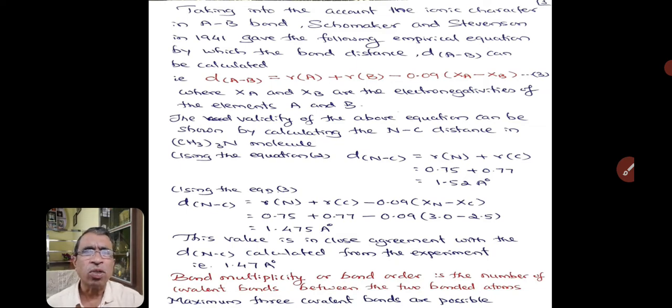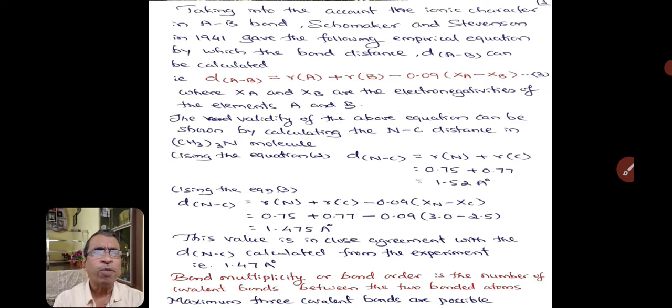According to them, the bond distance between A and B is given as the radius of atom A plus the radius of atom B minus 0.09 times the electronegativity of atom A minus the electronegativity of atom B.